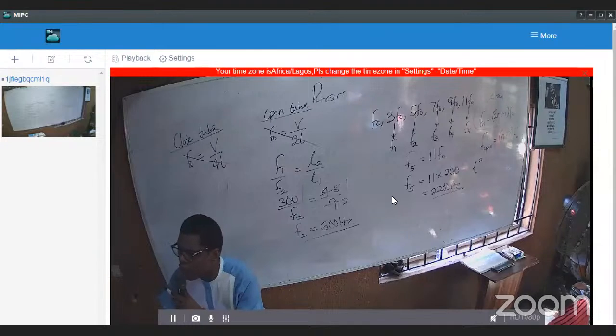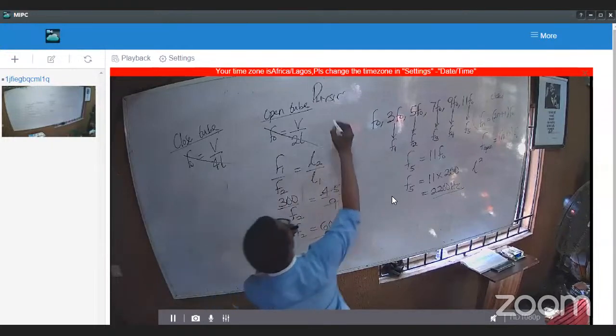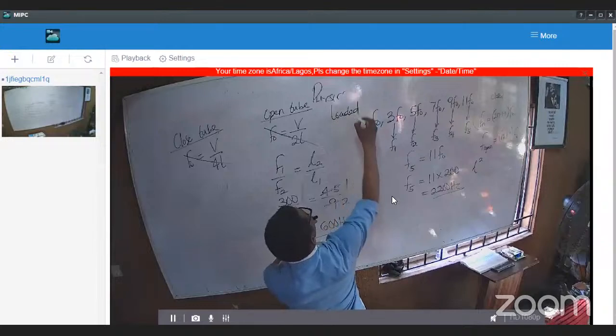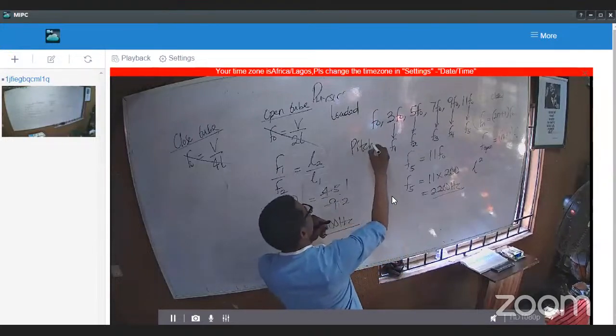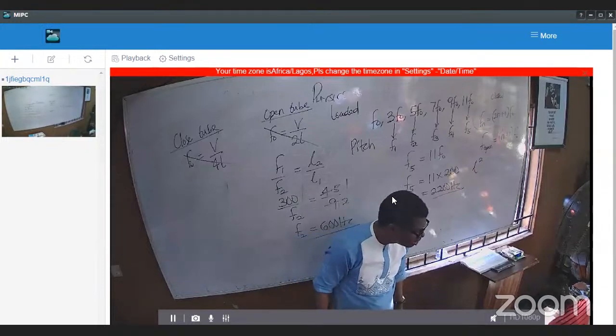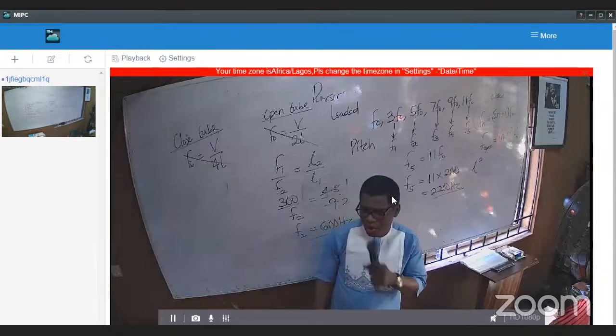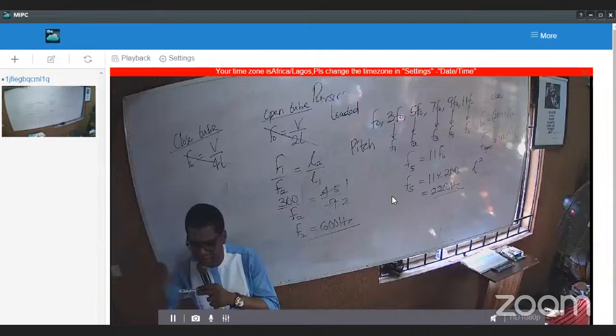When a tuning fork is loaded, its frequency or pitch is reduced. When a tuning fork is loaded, its frequency or pitch is what, class? Reduced.